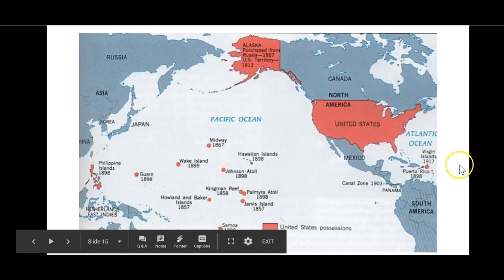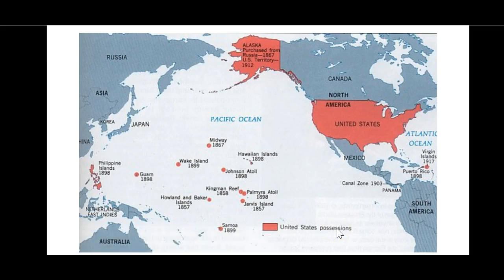Okay, so let's look at a different map which shows the United States, and you can see in this key the red indicates US possessions, and then you can see by each one of the US possessions the year in which the United States possessed it, acquired it, took it.